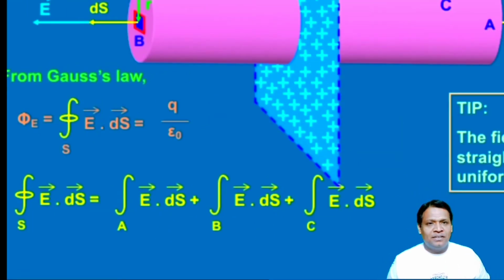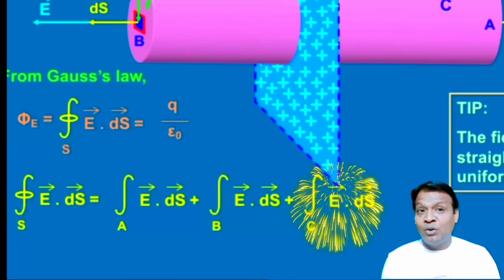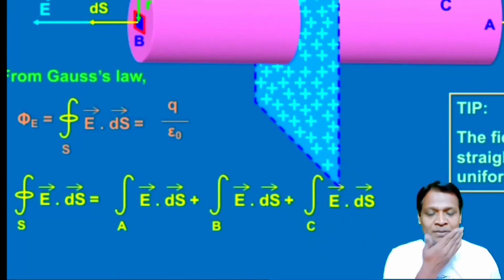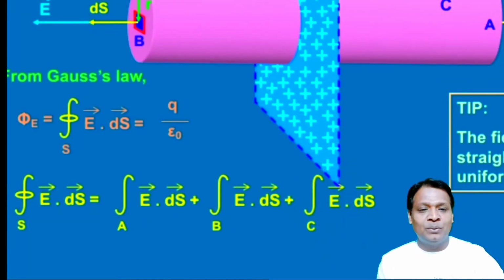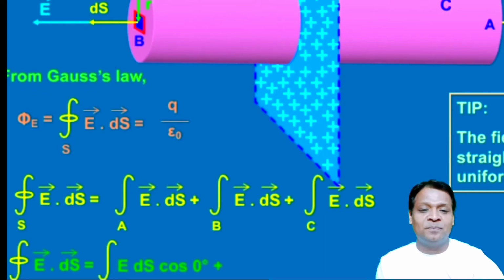Are you getting that? We have considered three faces and we have already stated the angle between the E vector and area vector for all three cases. So we can write like this: for the point A it will be E ds cos 0, and for the point B it will be very similar to the first one.